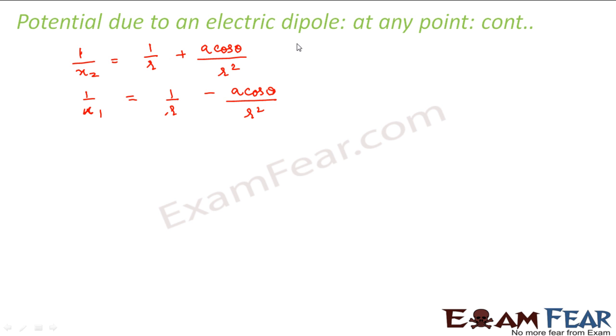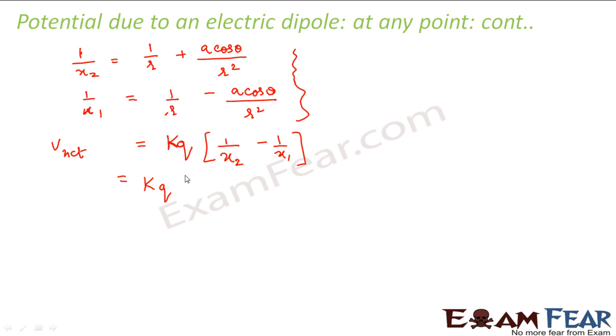Now we will substitute these two values in the expression for net potential. What was the expression that we obtained for V net? That was nothing but KQ into 1 by x2 minus 1 by x1. So let us substitute the values.